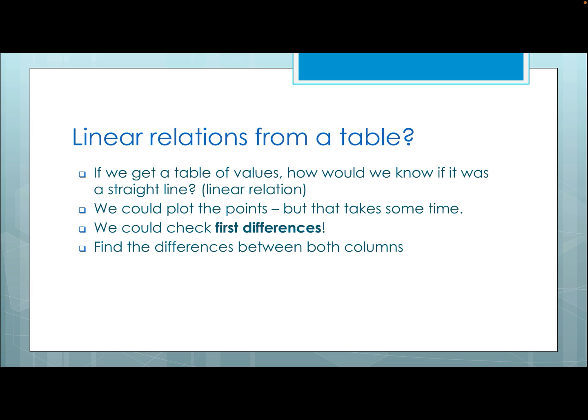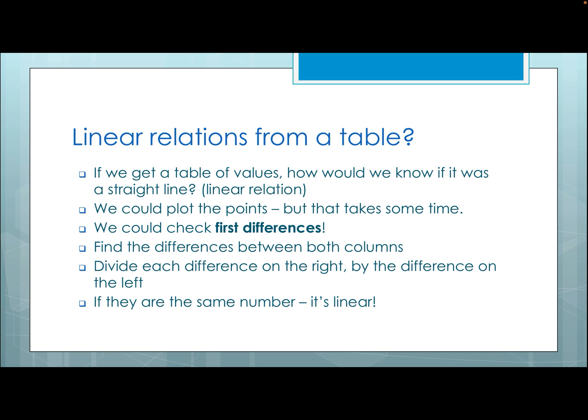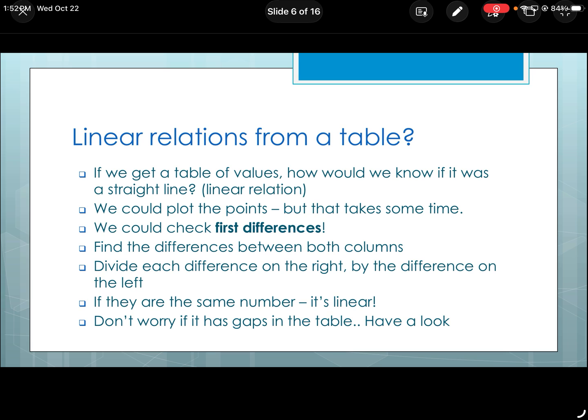So as I said here, find the differences between both columns. If you divide each difference on the right by the difference on the left and it's always the same, then it's linear. If it's different, then it's not linear. And this is important because sometimes the questions won't go 1, 2, 3 on the left. It might go 1, 2, 4, 9 on the left, because that's how things work.